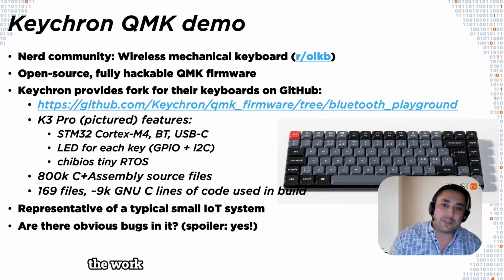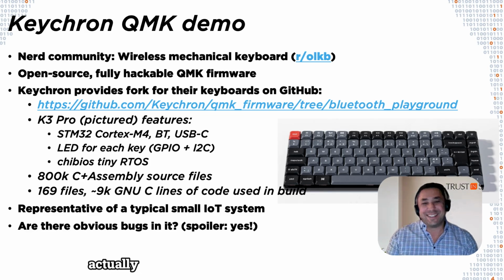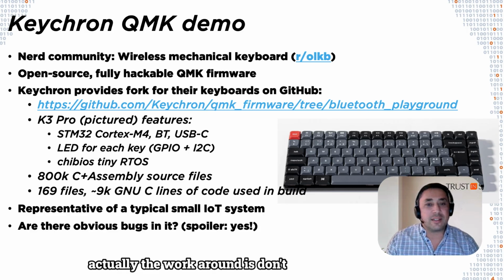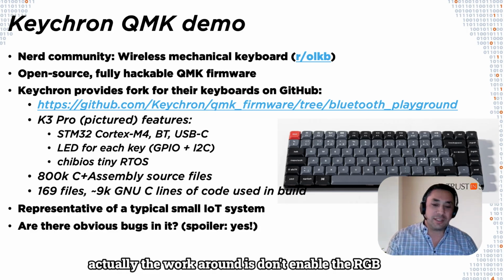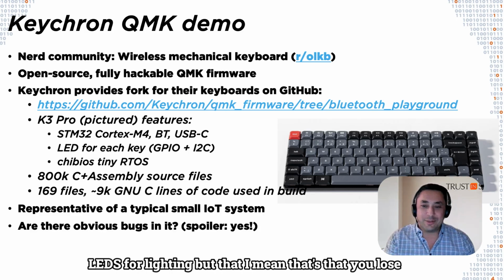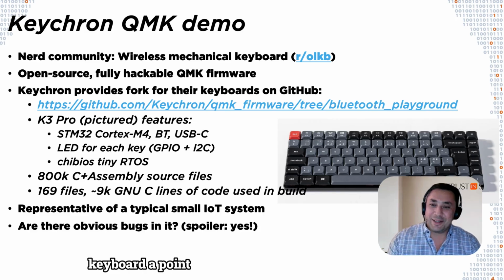So the workaround is don't type fast, right? Well, actually, the workaround is don't enable the RGB LEDs for lighting, but that's sad. You lose most of the fun of using that kind of mechanical keyboard.